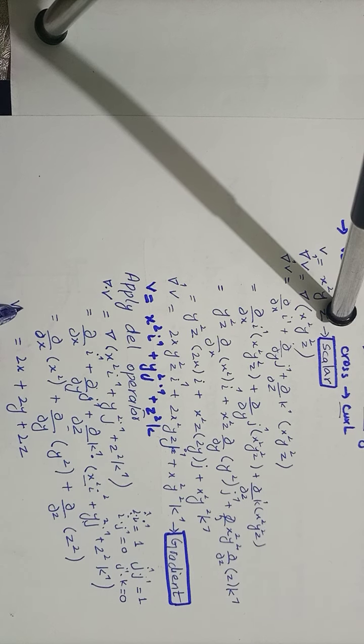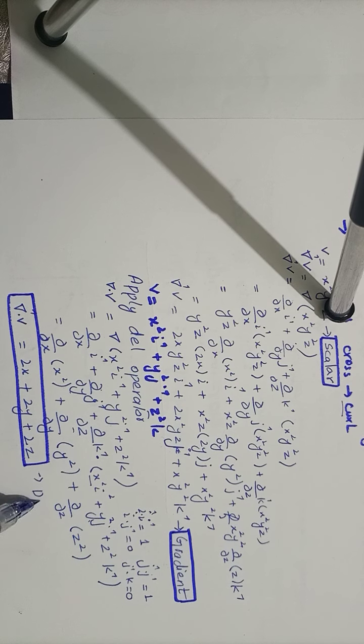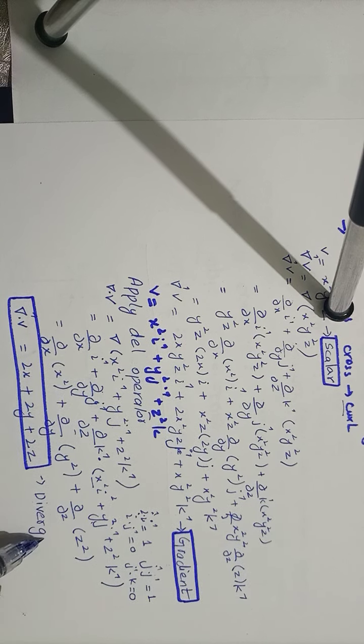When we take the del operator with the vector as a dot product, we get a divergence. Divergence means scalar. We get a scalar.